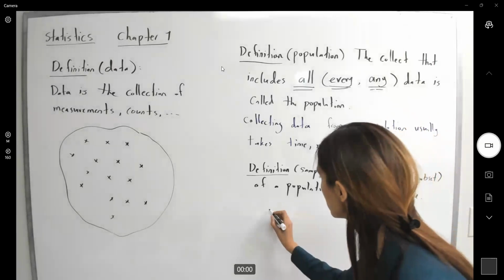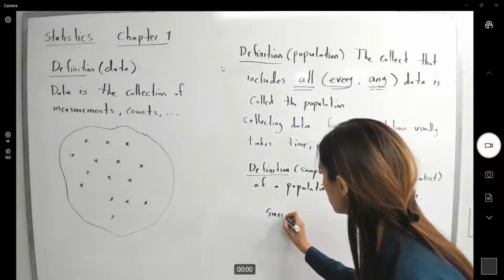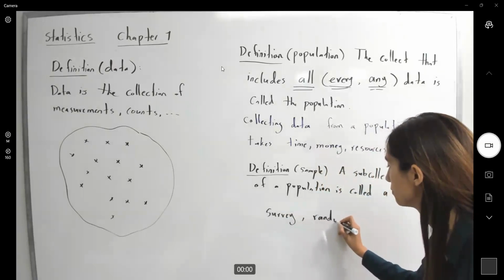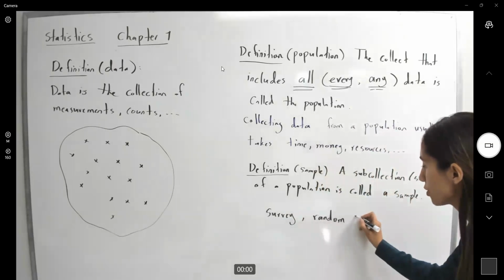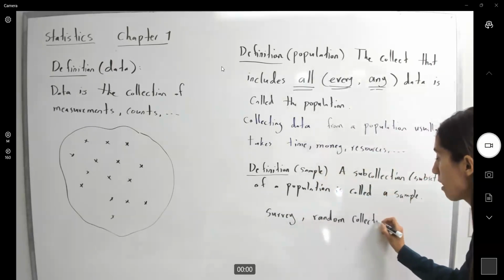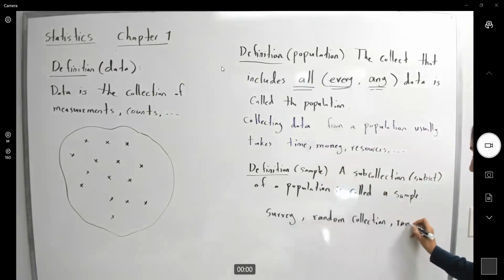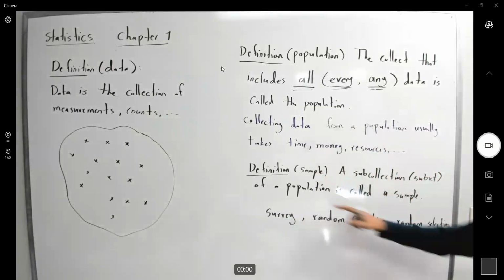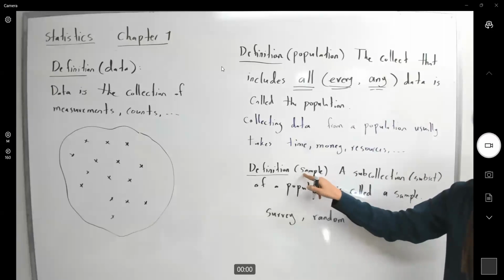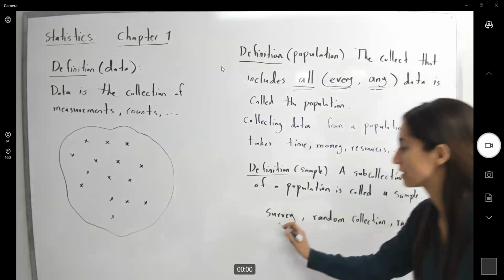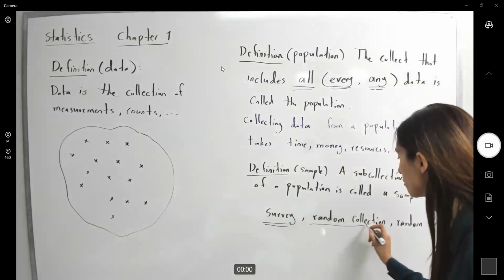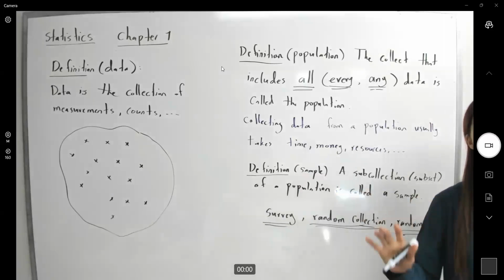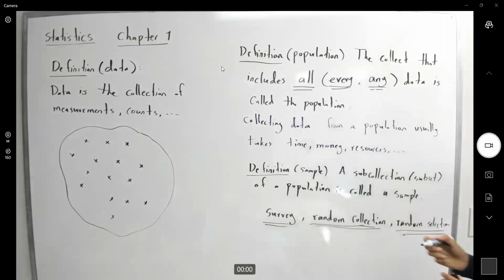If you see a keyword like survey, random collection, or random selection, it all refers back to the sample itself. So survey, random collection, random sample, they are all about a sample.